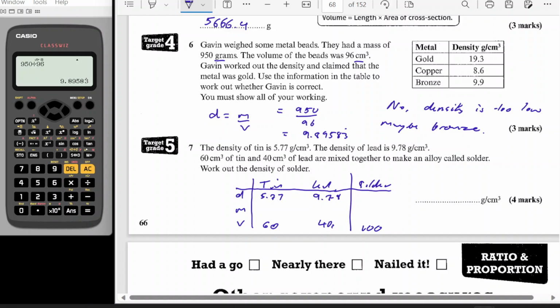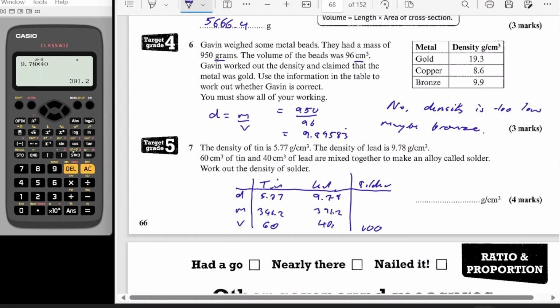Okay, so mass is equal to density times volume. So the mass of the tin would be 5.77 times 60, which is 346.2. And the mass of the lead would be 9.78 times 40, which is 391.2.